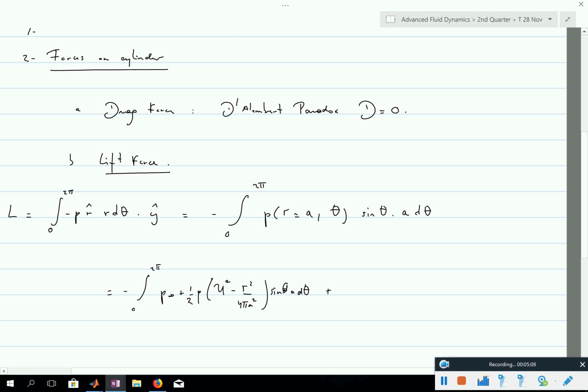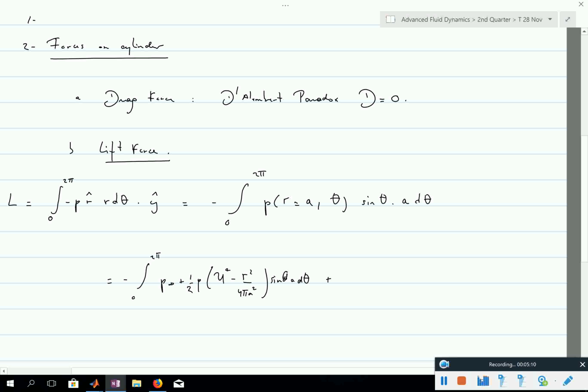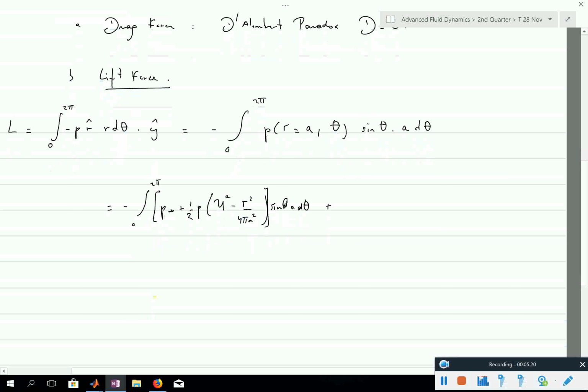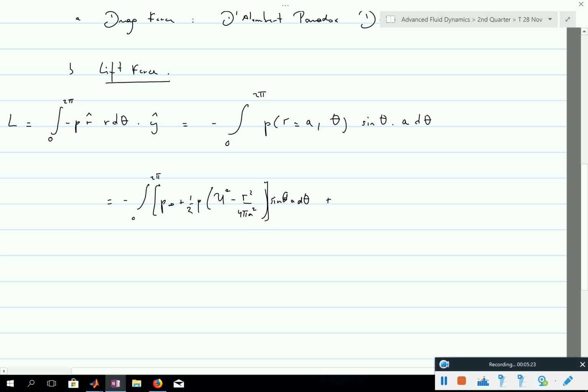If you look at this first term here, you have a sine theta, which you integrate between 0 and 2 pi, so this gives you a 0. So this term here is going to be 0.